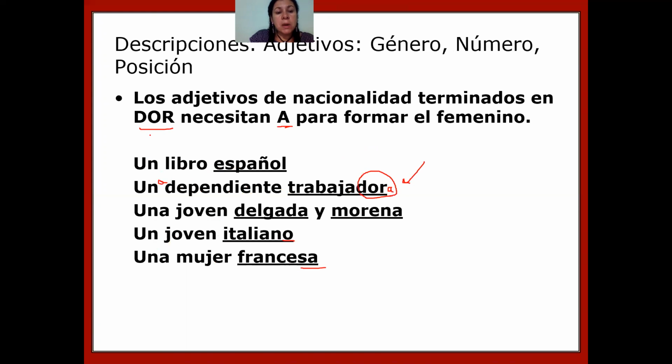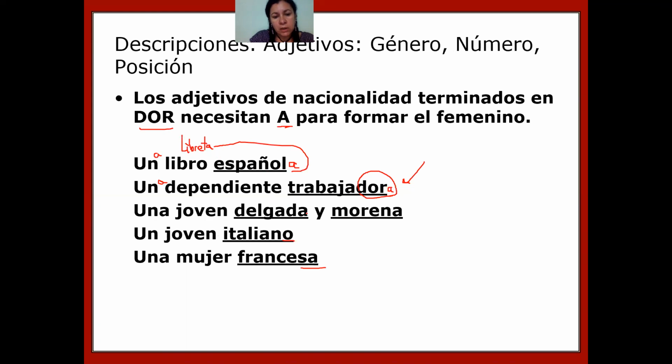Español, un libro español, or let's go with una, the feminine version: libreta, notebook, ¿sí? So let me write here libreta, and if it's a libreta from Spain, then we're going to use una libreta española. This agrees with libreta, it's an A, ¿sí?